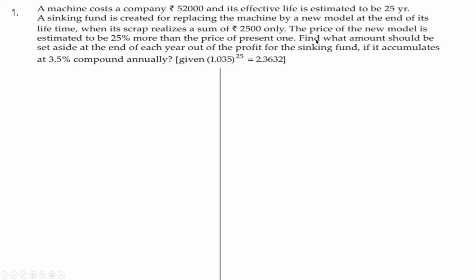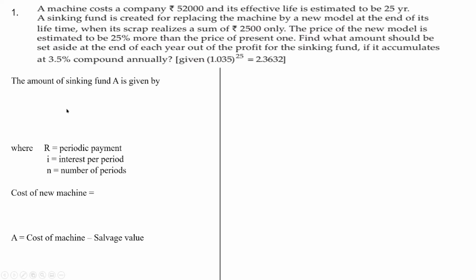It is also given that the price of the new model is 25% more than the price of the given model. We need to find what amount we have to set aside at the end of each year out of profit so that the sinking fund accumulates at 3.5% compounded annually, and they are given 1.035 the whole raised to 25 is 2.3632.